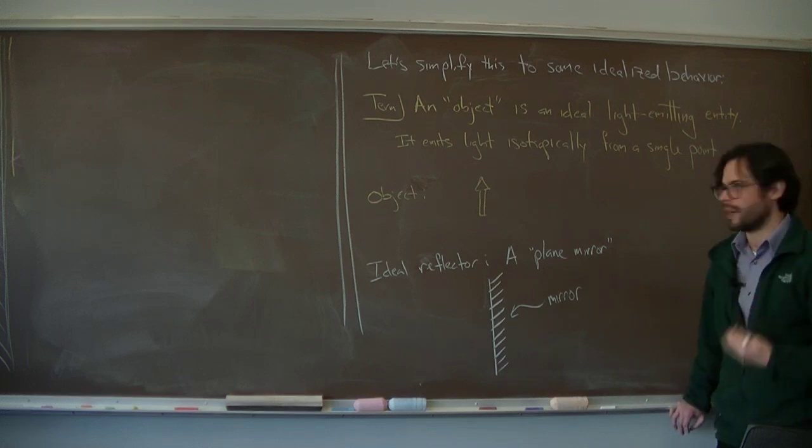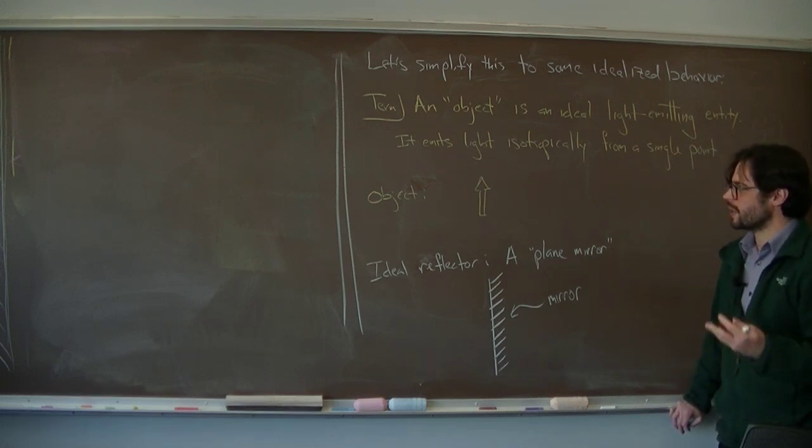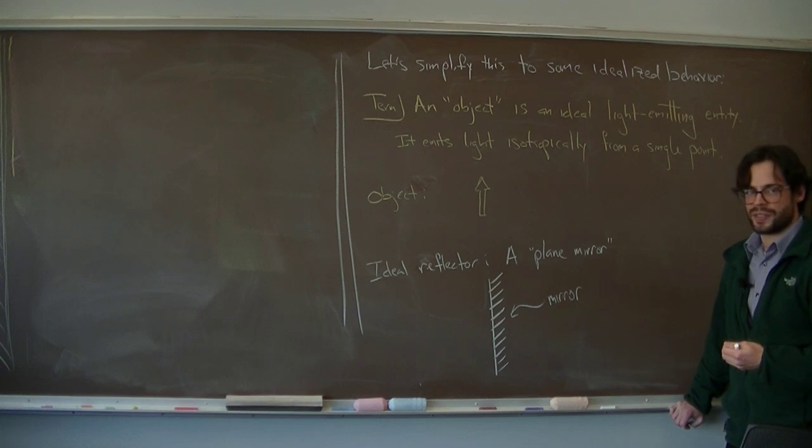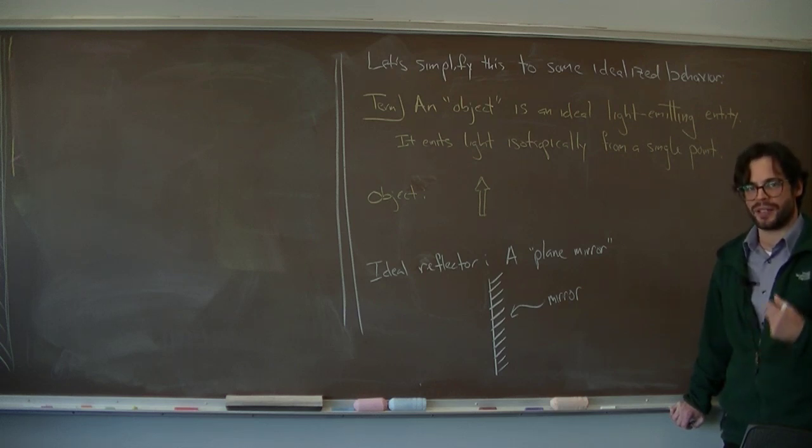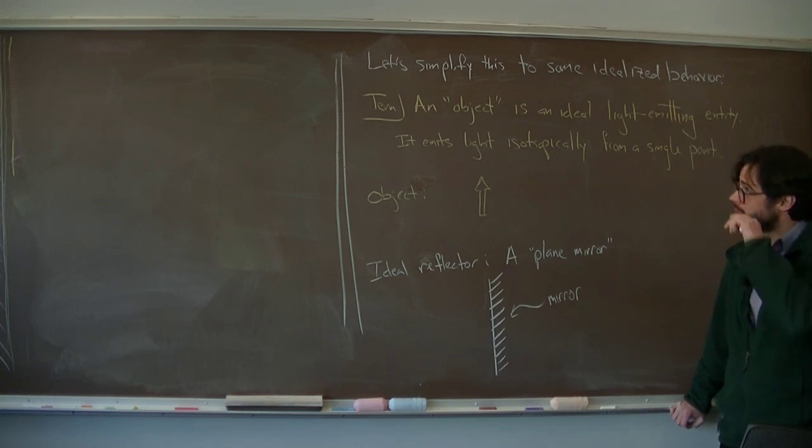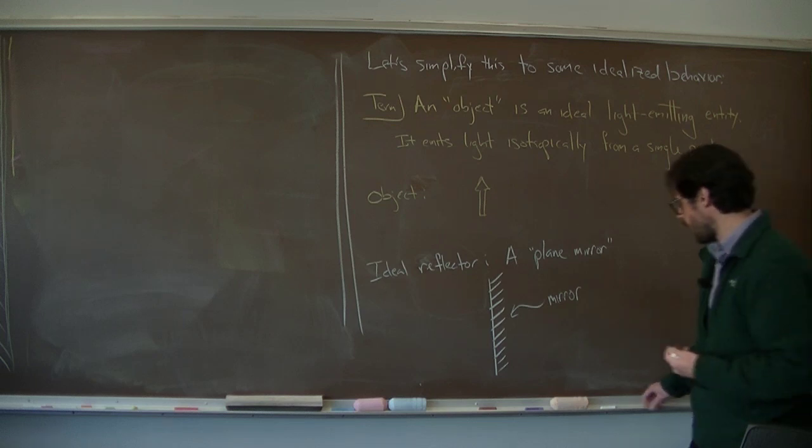Electric elements and magnetic elements are pretty complicated, but you came up with these idealized things like perfect resistors and perfect inductors and perfect capacitors. So we'll come up with the geometric optics version of that.